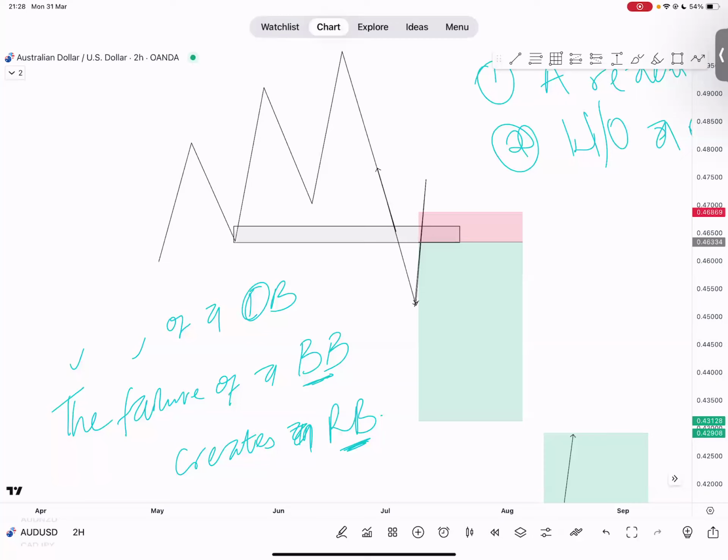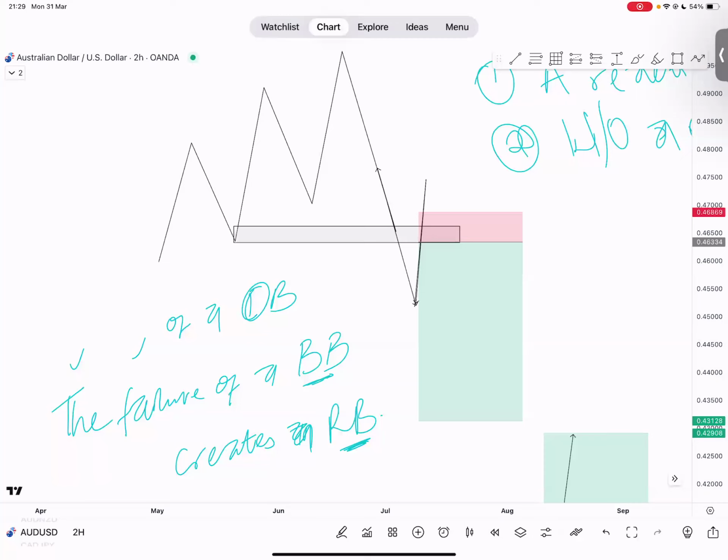So when a breaker block is filled, or when a breaker block hits stop loss, or when a breaker block is taken out, whatever you want to remember that as, that is what creates a reclaimed block. The failure of a breaker block creates a reclaimed block. Remember how our breaker blocks are created. The failure of other blocks creates breaker blocks.